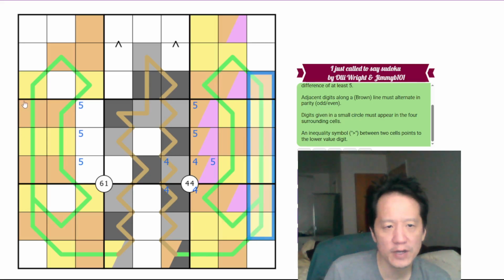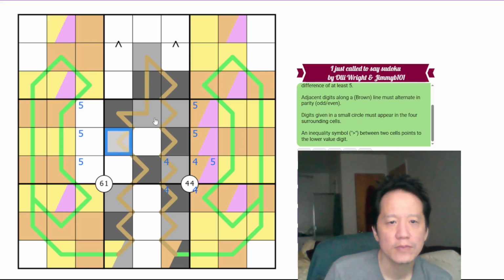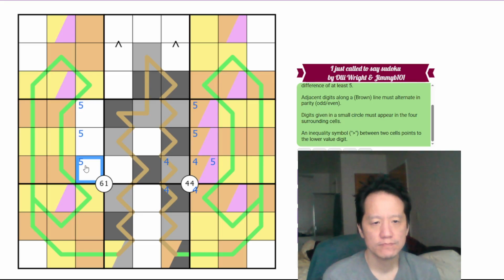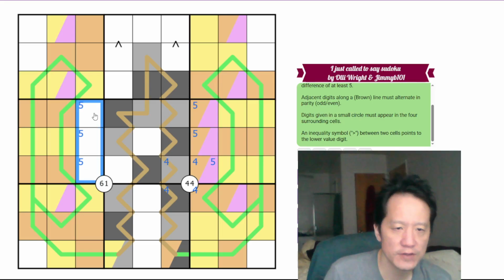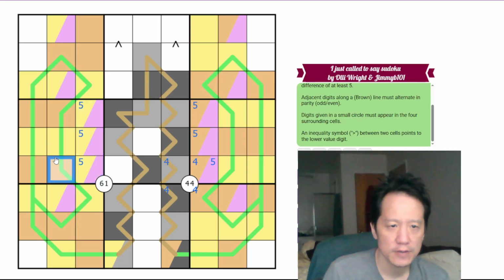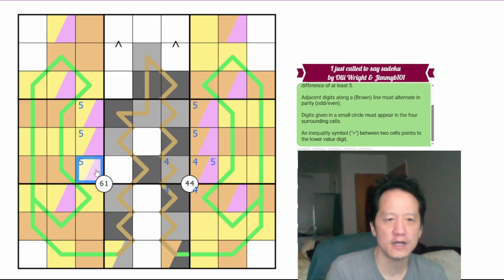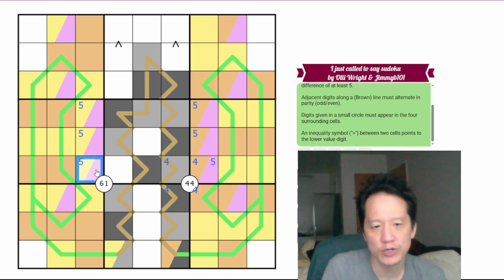In column 9, so this is yellow or pink in column 2. The rest of these are yellow or pink. And we have in column 1 and column 9 a yellow or orange in pink, but we don't know which one's which.